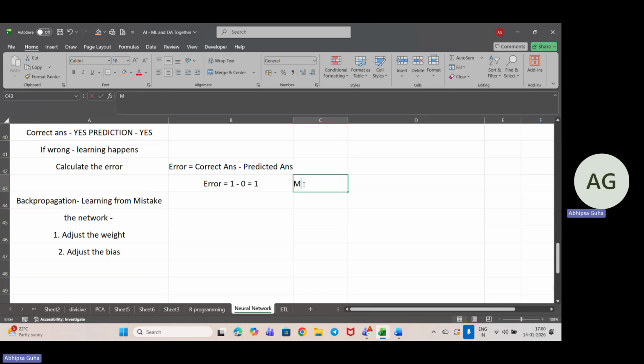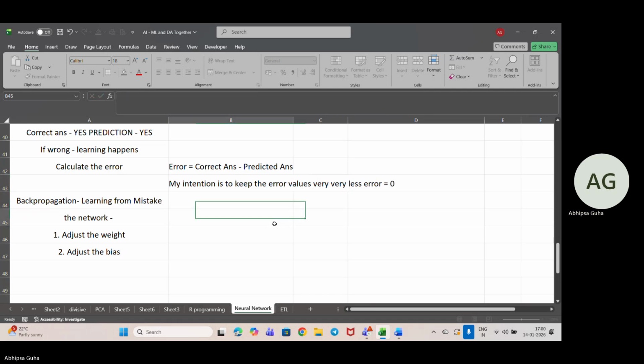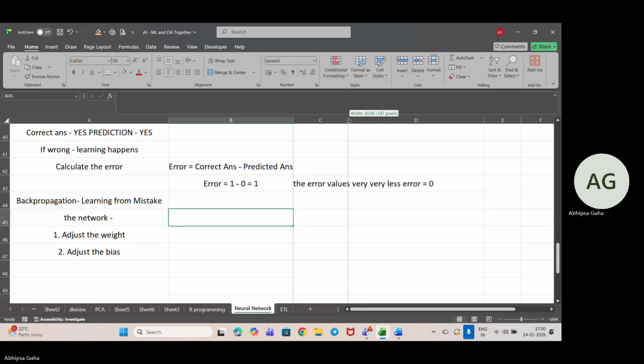My intention is to keep the error value very, very less. I want to make the error equal to 0. So this is my intention.